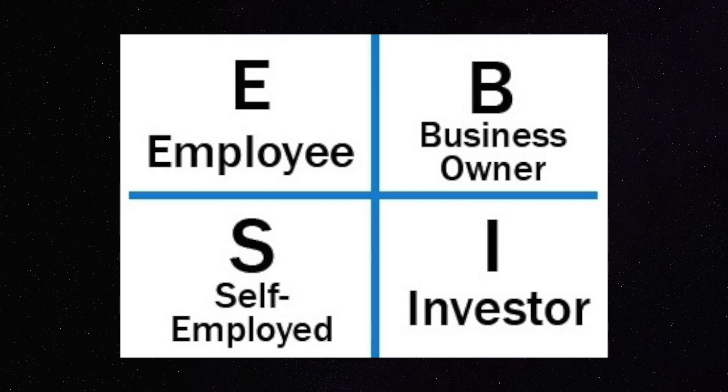Second, start small. You don't have to quit your job and dive headfirst into entrepreneurship or investing. Begin with side projects, small investments, and gradually build your confidence and skills. Kiyosaki himself started with small real estate investments while still working on other ventures.